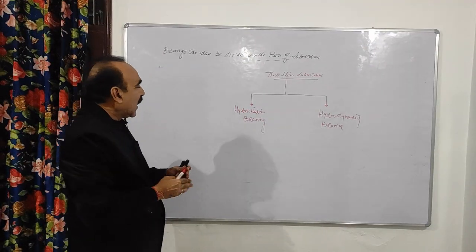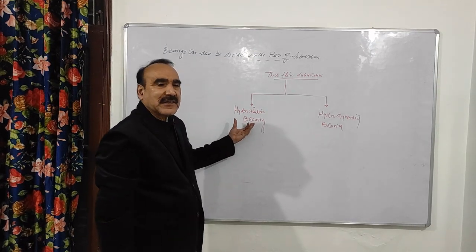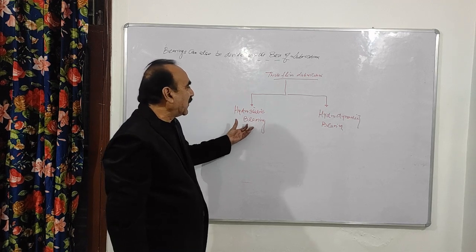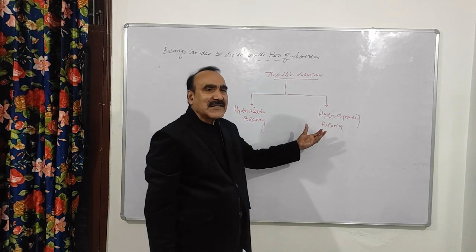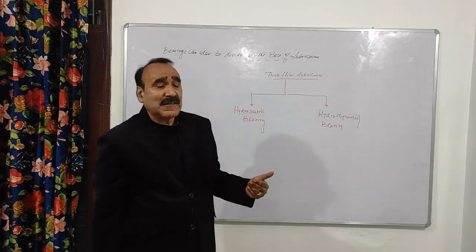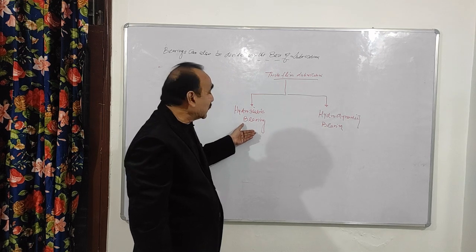अब ये hydrostatic bearing क्या है? How the pressure is created here? I told you there is a difference between the hydrostatic bearing and the hydrodynamic bearing. What is the difference? That is how the pressure is created between these two bearings.